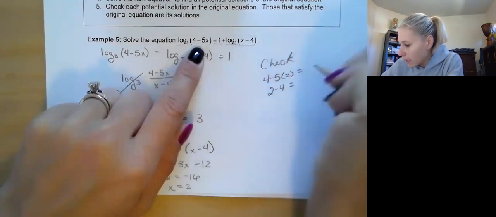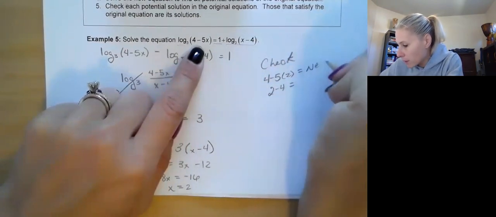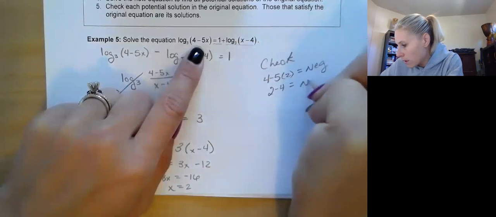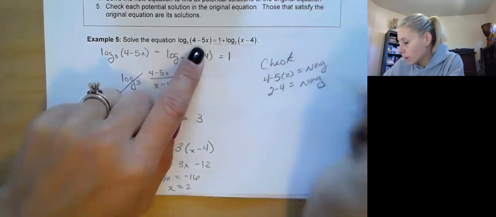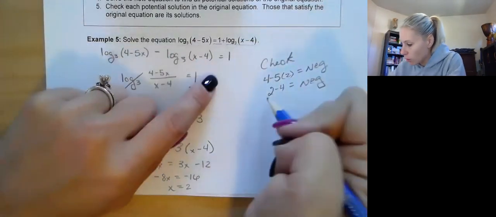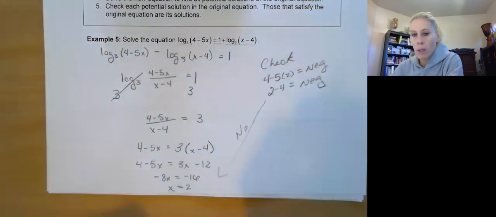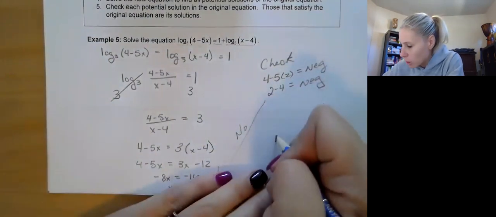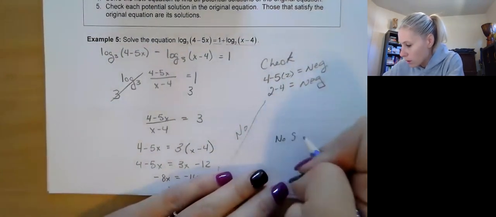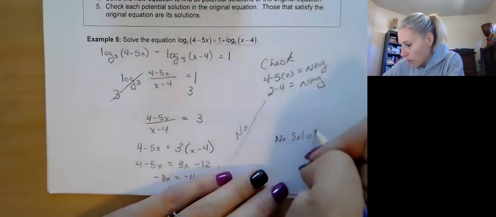If you see, they are both negative numbers, which can't happen. So no. What does that mean? If we just cancel 2 out, what does that mean? It means no solution. You have to check.